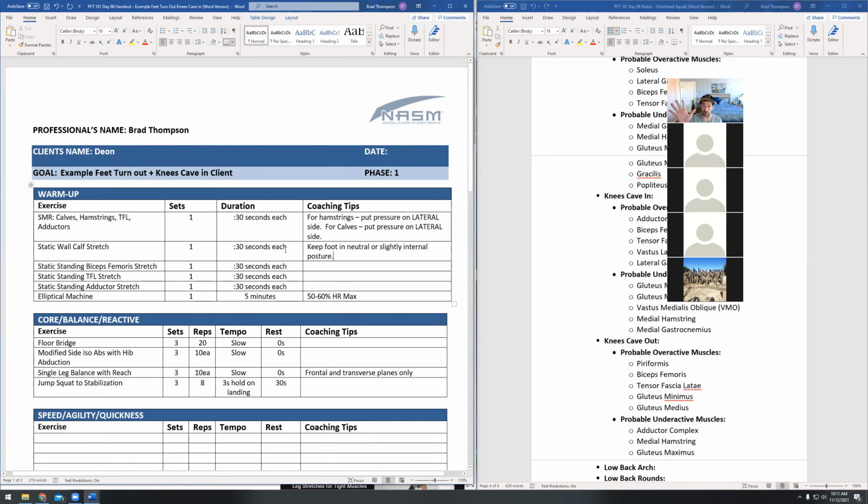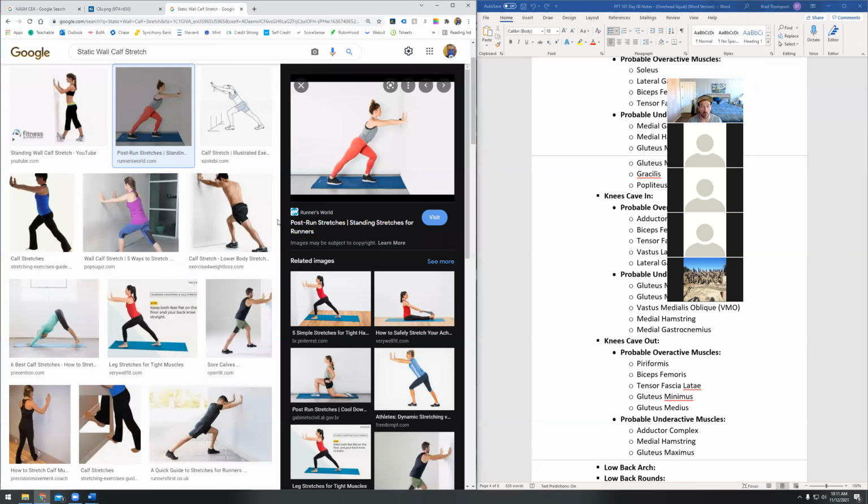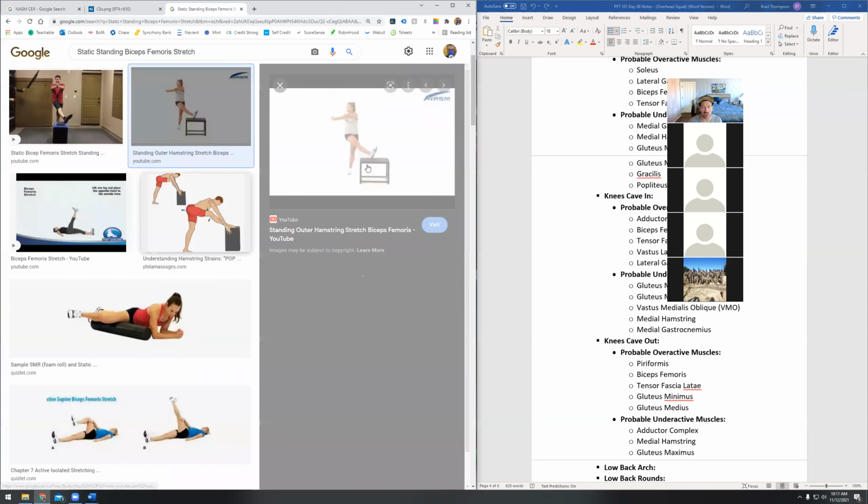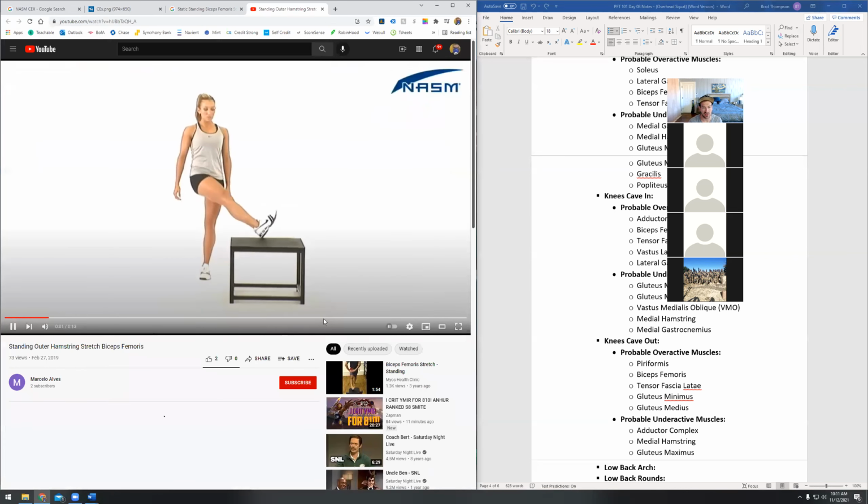It'll want to do that foot turn out thing. So I will put effort into making sure that it's nice and neutral there. Then I'm going to do a static biceps femoris stretch, which is this one right here. It's kind of a unique looking stretch, but basically you're going to elevate.